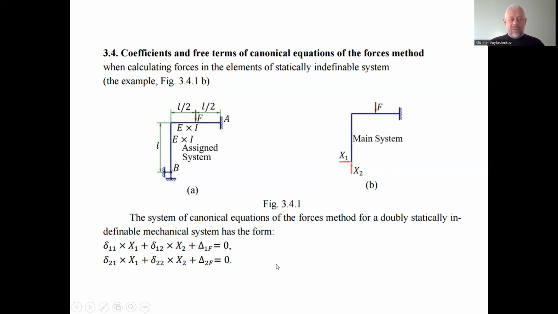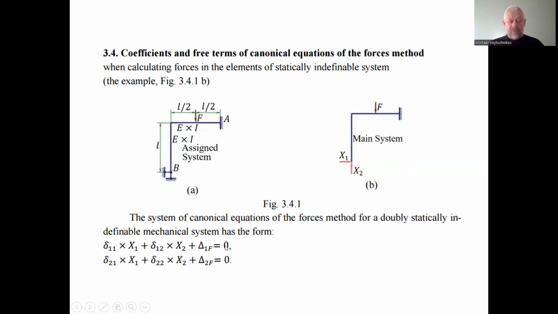So the canonical equations of the forces method for a doubly statically indeterminate mechanical system have the form indicated here. The physical sense of the first equation is that when we substitute, instead of the horizontal link in the support B, the force x1, subject to find, making the main system statically determinate, we have to provide that the final displacement in this point is equal to 0.